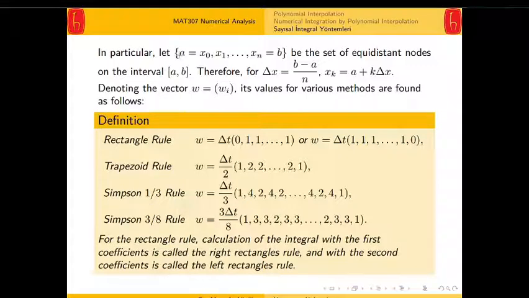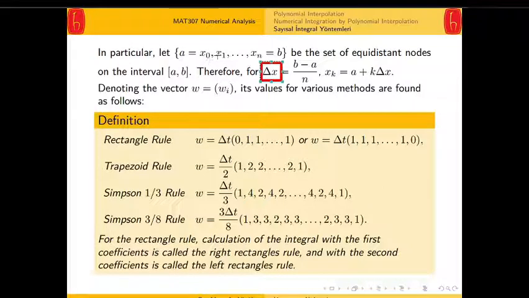Okay, in particular, if we let the subdivision of this AB interval be a set of equidistant nodes, then we say a is equal to x0, x1, up to xn is equal to b, and they are equidistant and the distance will be delta x. So we say we have n plus 1 node points, so delta x will be basically b minus a divided by n, and the distance between any two node points will be delta x.